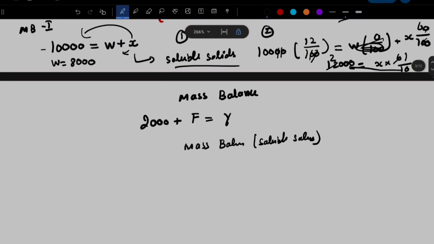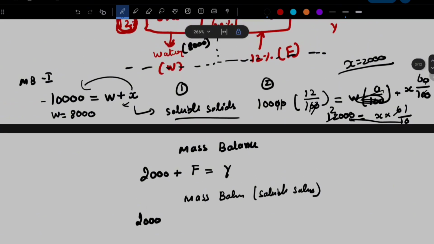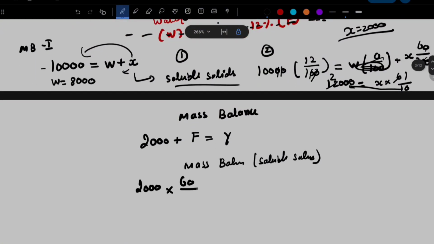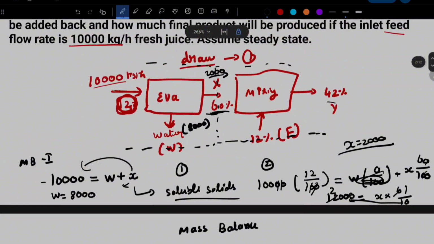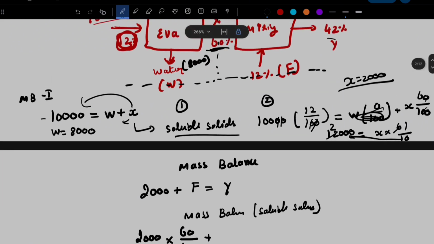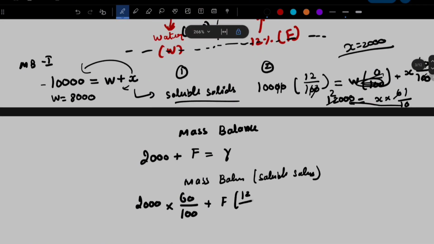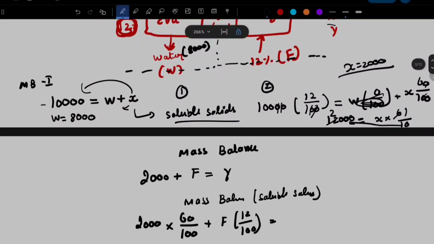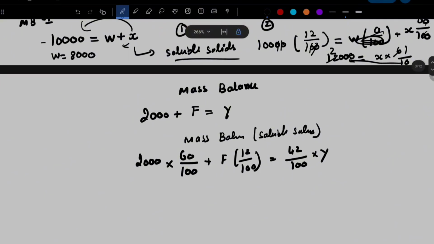So 2000, and the soluble solids is 60%, so 2000 into 60 divided by 100, plus F. F is actually 12%, so F into 12 divided by 100 is equal to Y, which is 42%, so 42 divided by 100 into Y. So I'll get two equations: this is equation number 1 and this is equation number 2.